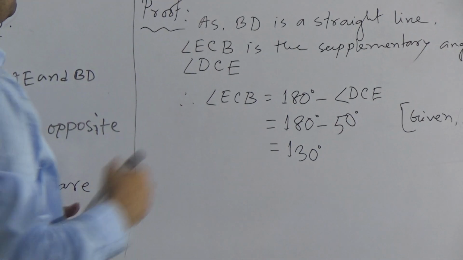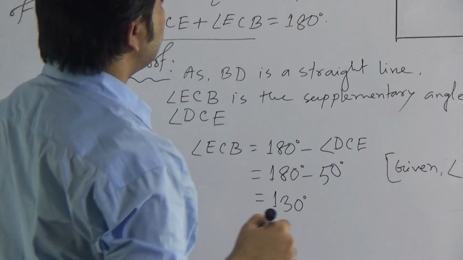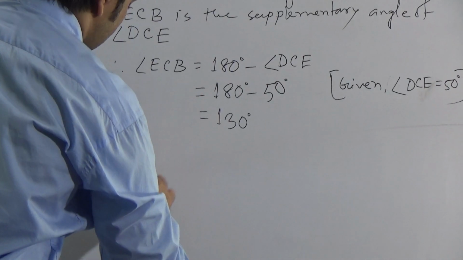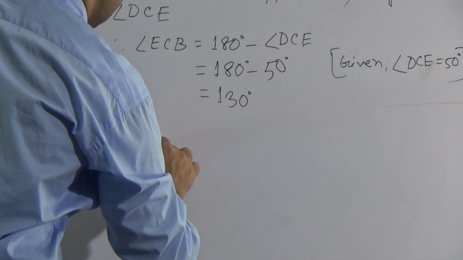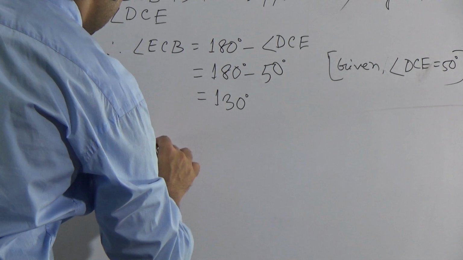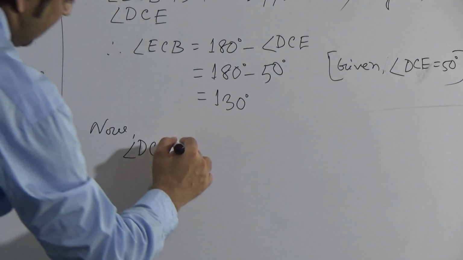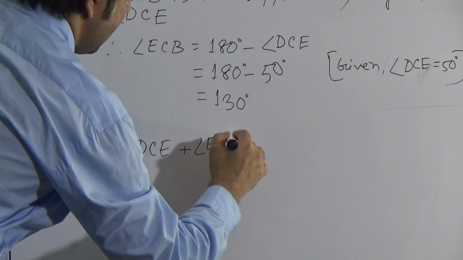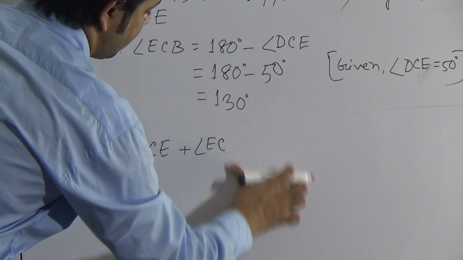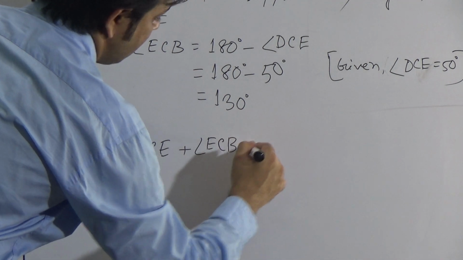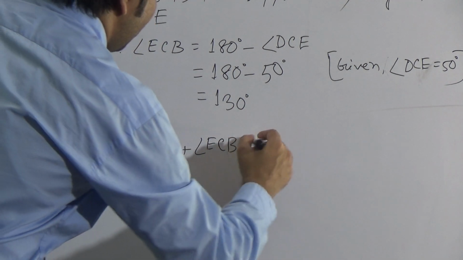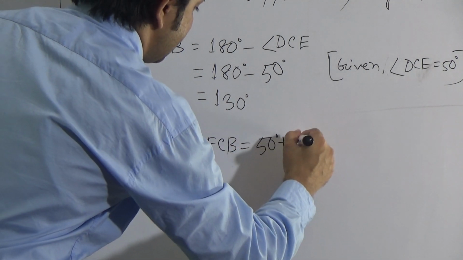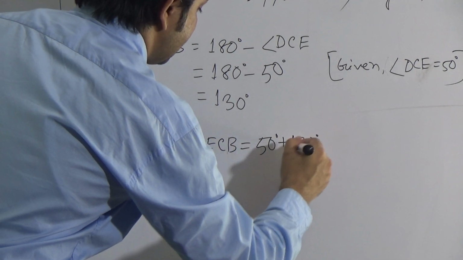Now we need to find the sum of angle DCE and ECB. So we can write here now angle DCE plus angle ECB is equal to, the value of angle DCE is 50 degree and ECB is 130 degree.